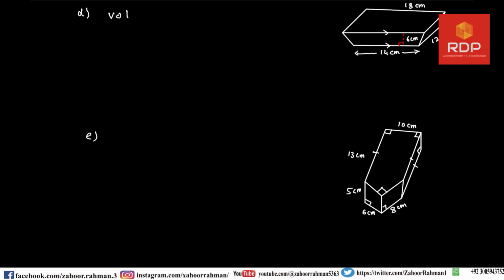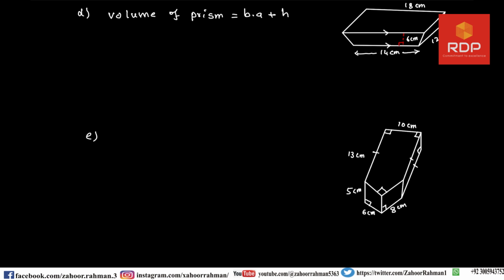In this case, I am writing volume of the prism is equal to base area times height.